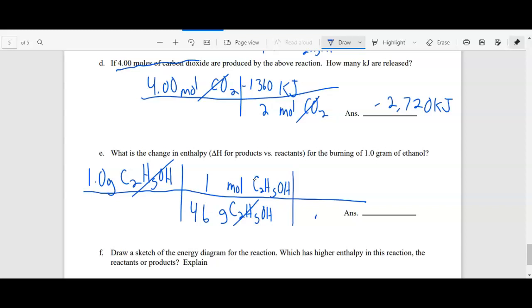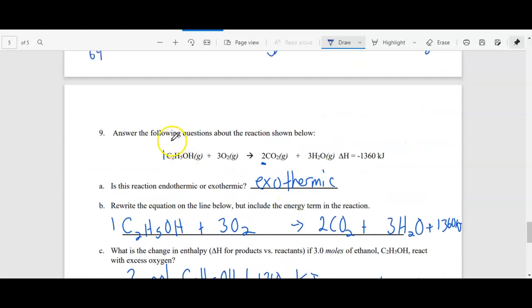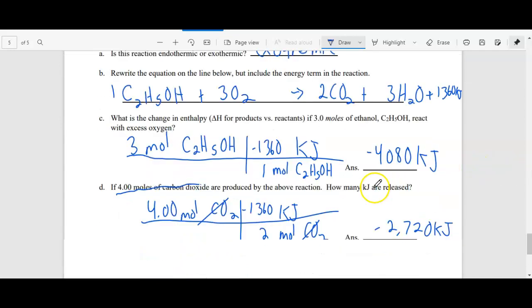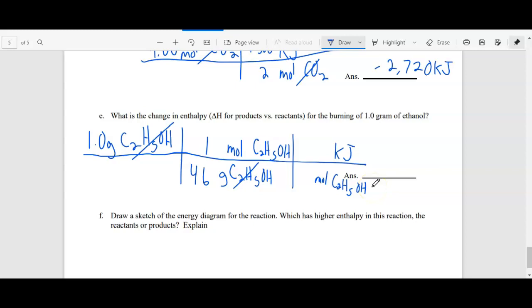And then we're going to bring mole of ethanol, which was C2H5OH, up to kilojoules. And we need to go back to our parent equation to figure out our mole for ethanol. If we go back and look, ethanol was 1 mole. Will release negative 1,360. 1 mole will release negative 1,360 kilojoules.